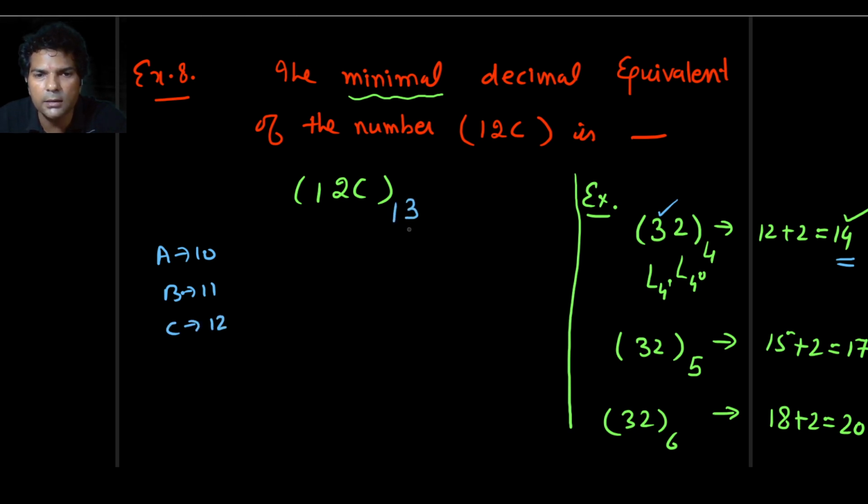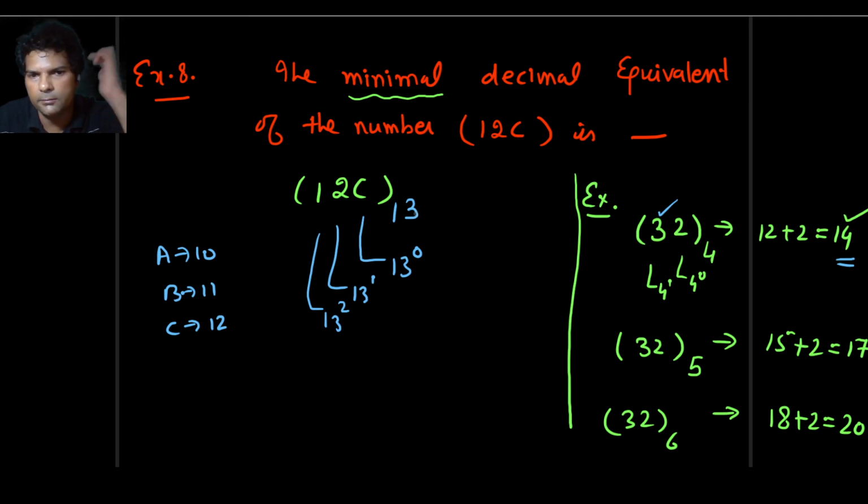We need to consider base 13. We can also assume base 14, 15, 16, but after assuming a base greater than 13, we cannot get the minimal decimal equivalent.